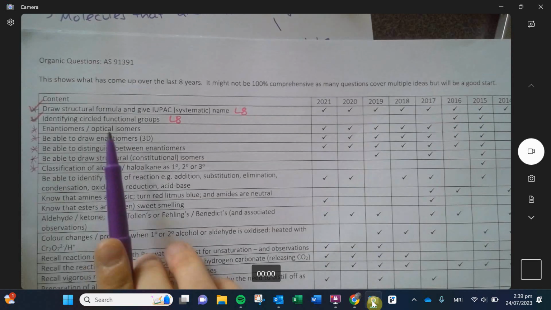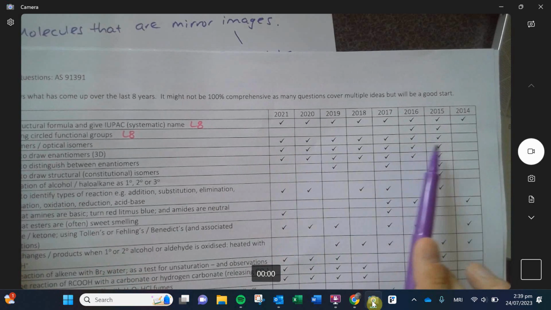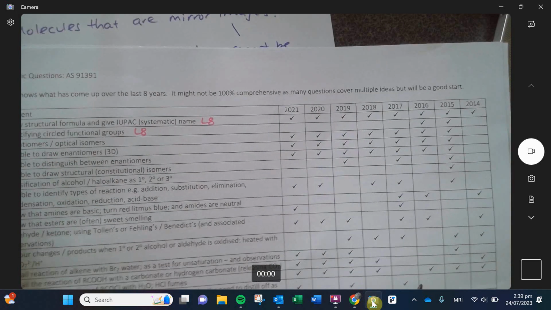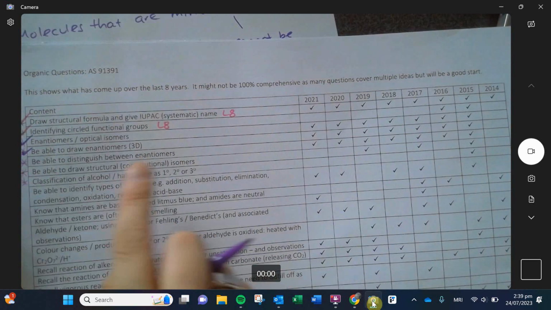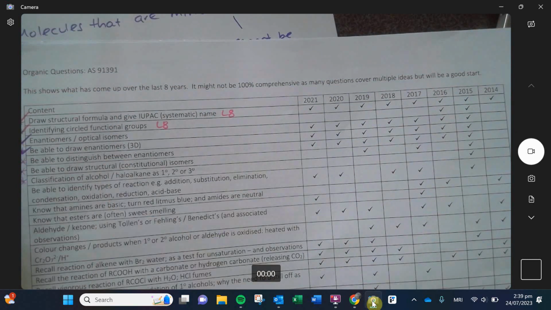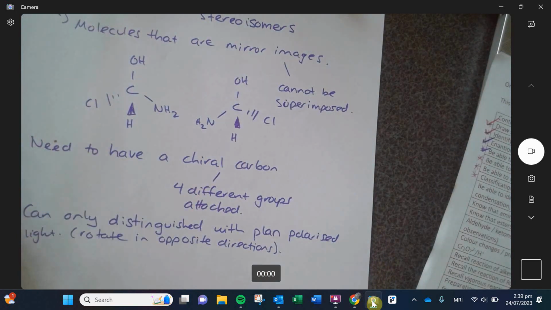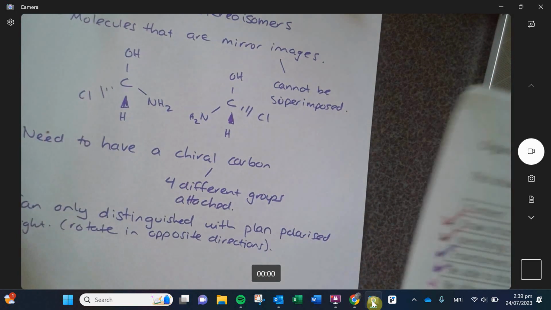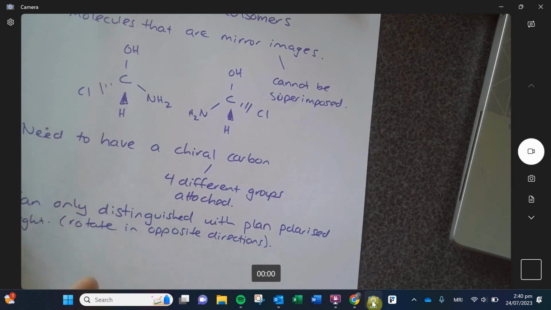As you can see, the optical isomer question comes up every single year, so that's a really easy question to get. The good news is being able to draw both of those enantiomers is usually a merit point. It's really ridiculous how much they give you for that. Usually they have a justification, but the justification is really easy. It's just this.